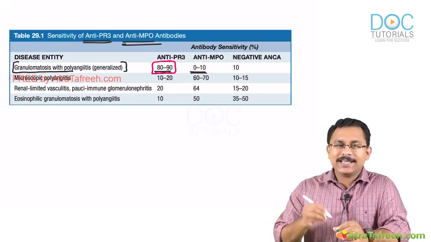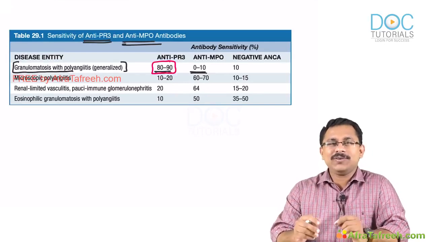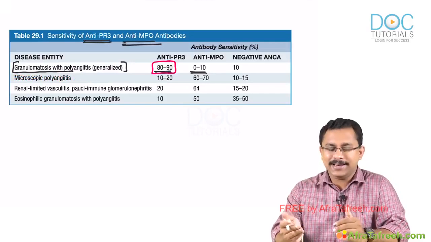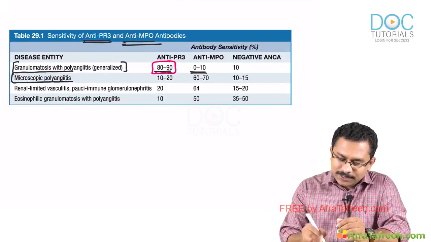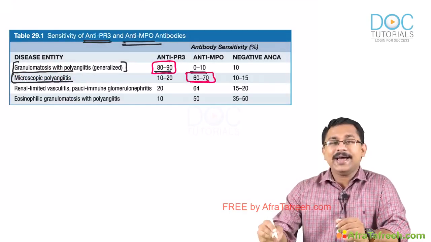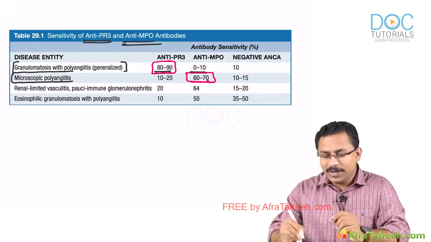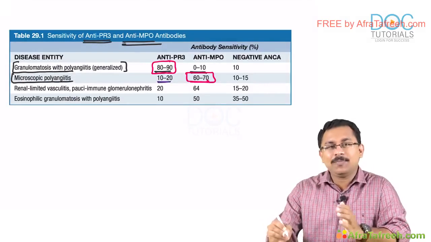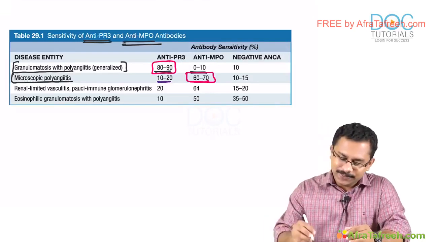Let's see the other disorders also similarly, because in your exam you've got to know which are the P-ANCA related vasculitis and which are the C-ANCA. So when it comes to microscopic polyangiitis, almost 60 to 70% will be having anti-myeloperoxidase, which is your P-ANCA. So though around 10 to 20% are having your anti-PR3, it is predominantly a P-ANCA associated vasculitis.